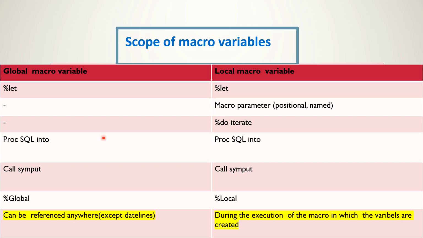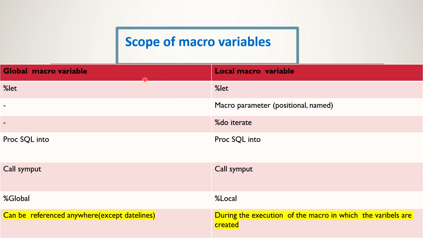Scope of macro variables: one is the global macro variable and the second one is the local macro variable. Earlier we discussed the five types of macro variable creation. Which one belongs to global and which one belongs to local?